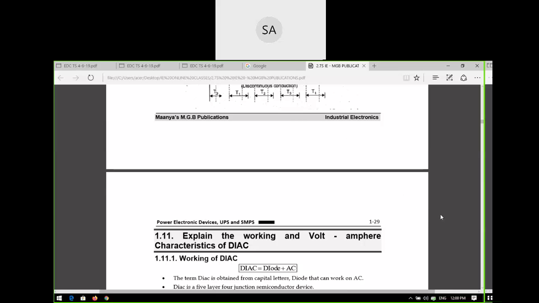Sanjay, Harsha, are you listening? Sindhuja, is it clear? Sir, is it clear or not?